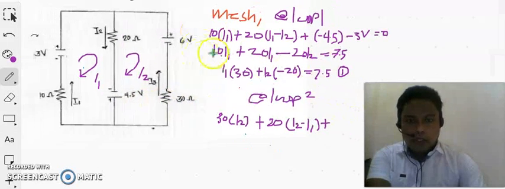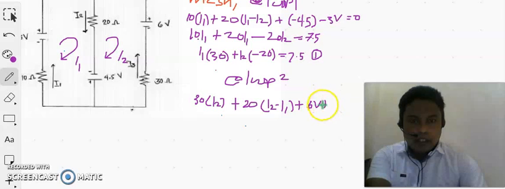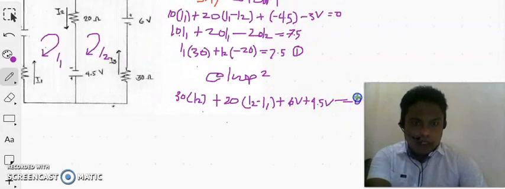So we have the equation: positive 6 volts and positive 4.5 volts is equal to 0.